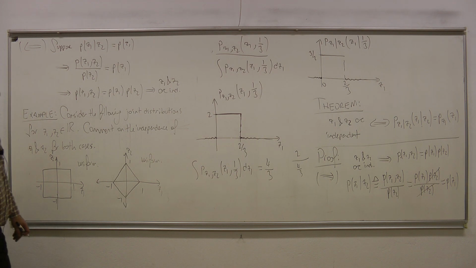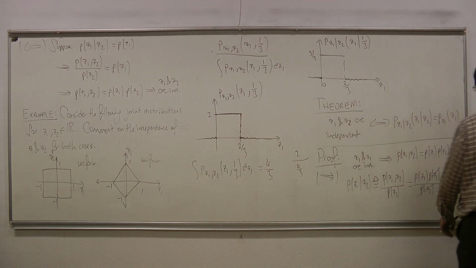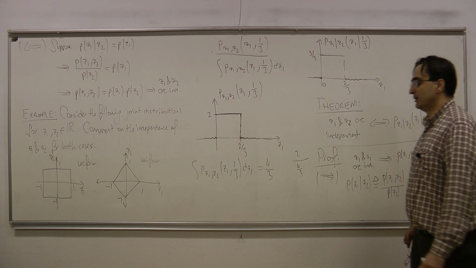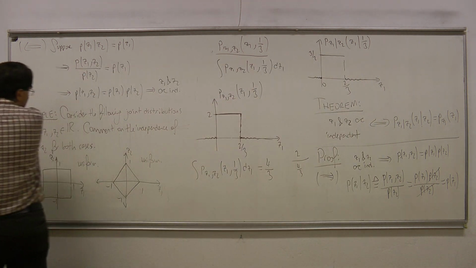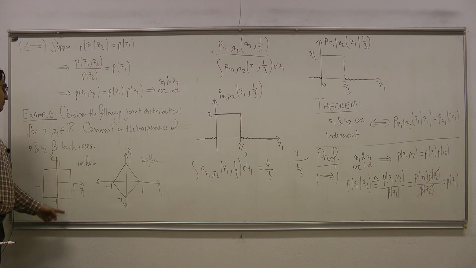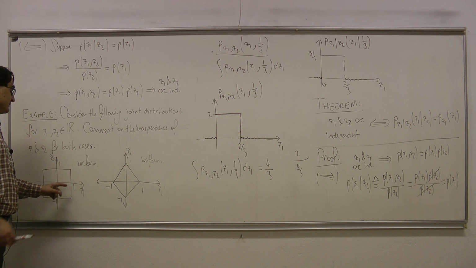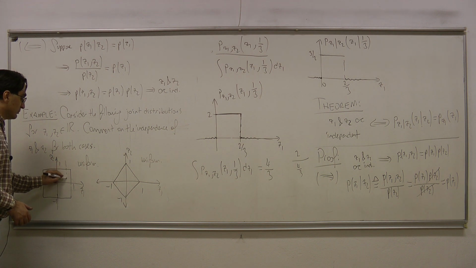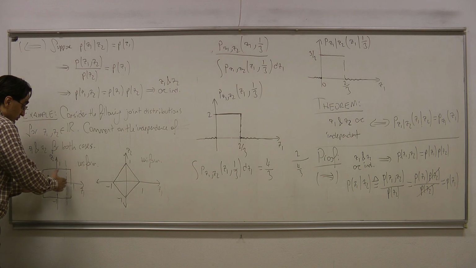So one of the cases is going to be the independent case, and in the other case, we would have dependence. In order to decide on independence, I would be looking at cross sections of these distributions. If I fix the Z1 value, then I would look at the non-zero probability region.